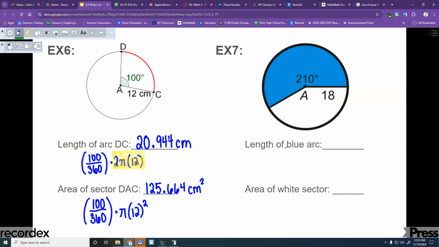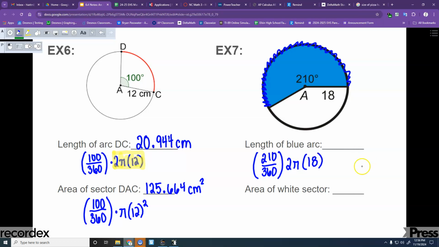If we look at number 7, we're looking for the length of the blue arc. So that is speaking of the edge of the arc right here. So the arc that contains the blue area is what they're talking about here. So again, we take our central angle. It is 210 degrees divided by 360. And arc length is a fraction of the circumference, and circumference is 2 pi times the radius. Our radius here is 18.